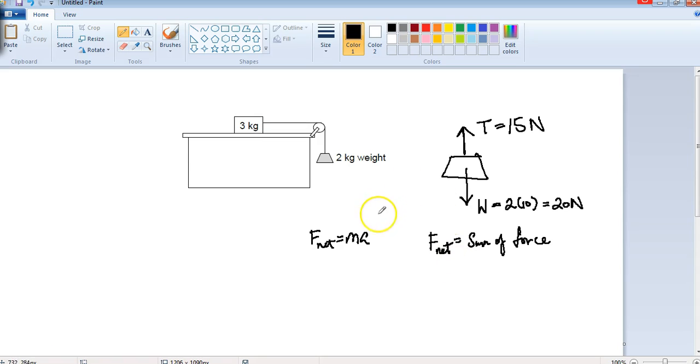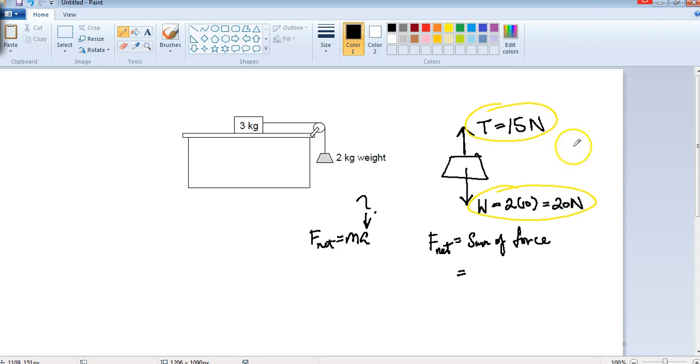Since I do not know my acceleration, I would work with my equation on the right first. The sum of forces are actually these two forces, the 20 Newton and the 15 Newton.